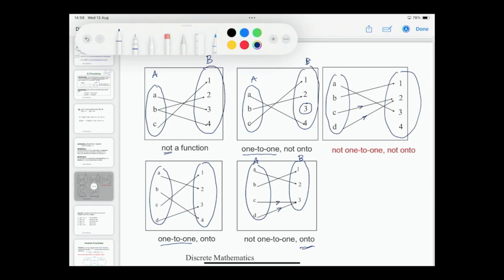There is no assignment from an element in A to the element 3 in B. This is not onto because element 4 is not used. So we could have many different types of function, as shown here: one-to-one and onto, one-to-one but not onto, not one-to-one and not onto.